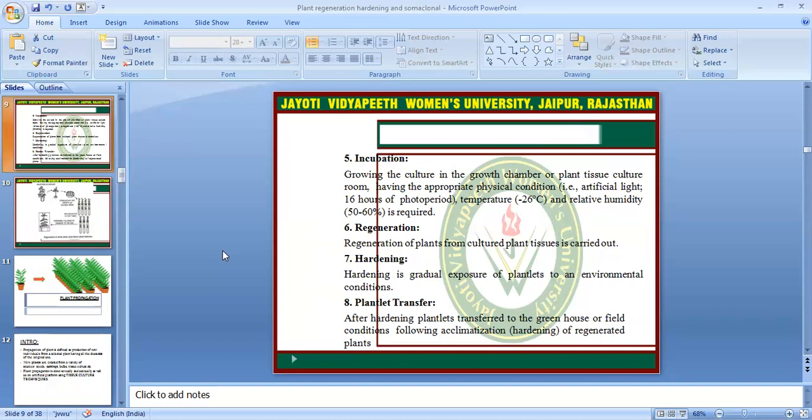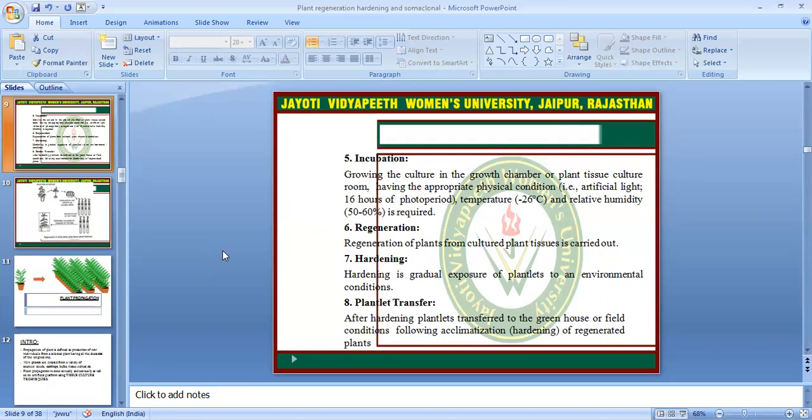After the incubation period, the regeneration process will start, meaning shoot regeneration and root regeneration will be done. After the completion of regeneration, when plantlets are completely grown, we have to transfer tissue cultured plantlets from the plant tissue culture room to the pots, and this process is known as hardening.